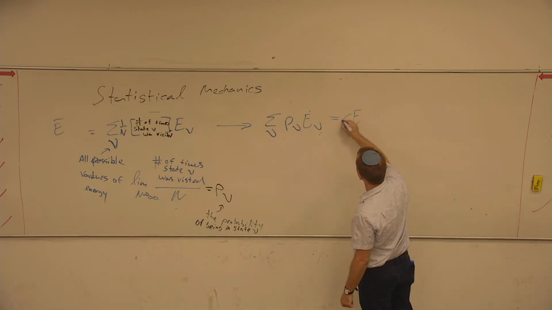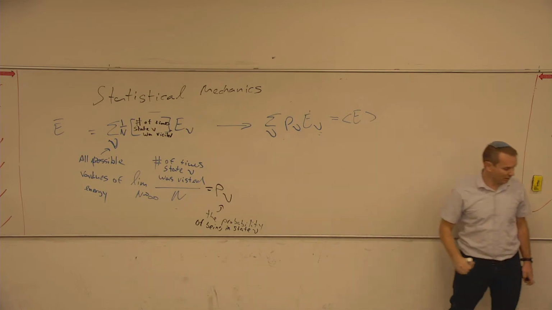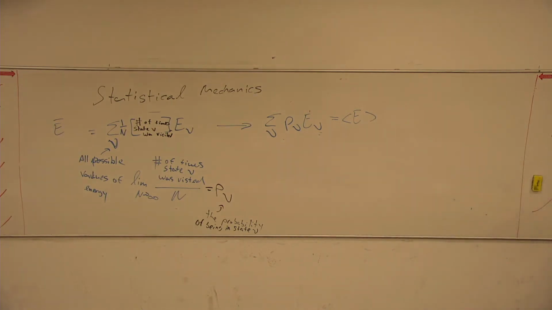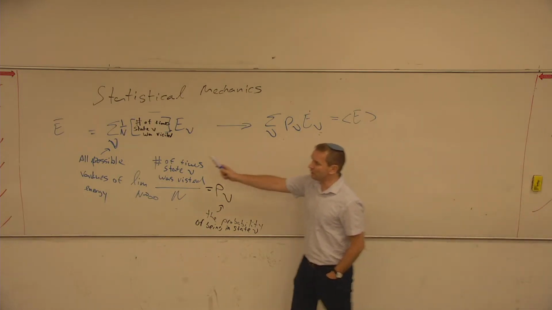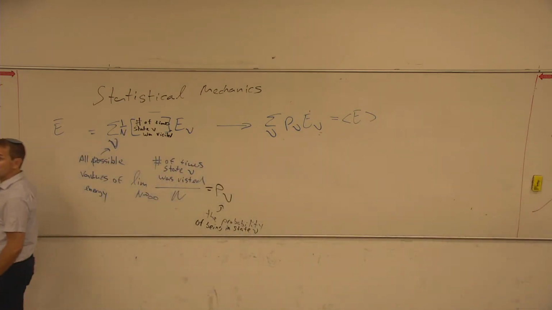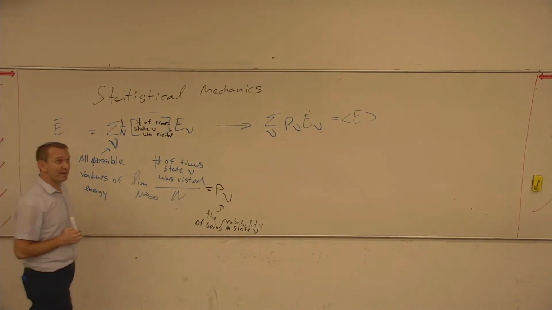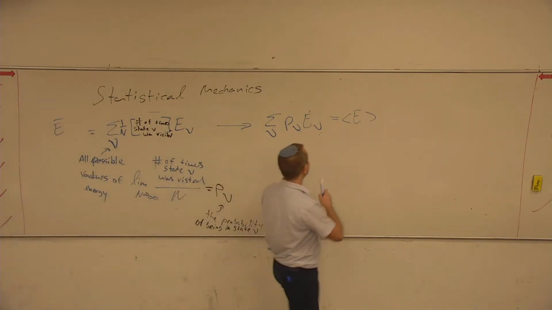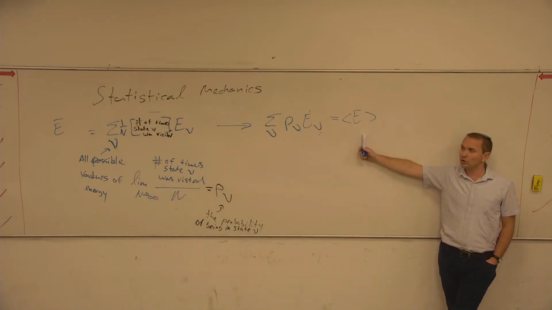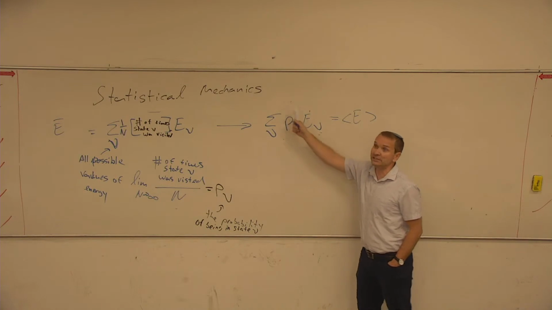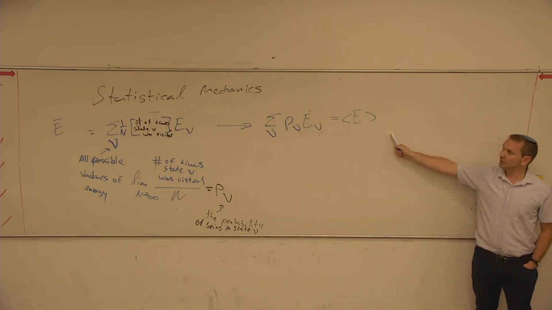Not E bar. This is the average over the distribution. E bar was the average over time. This is something that I go and measure in an experiment. This is something that I can write down in my notebook as long as I know the different probabilities and can actually calculate. This is the theoretical one.